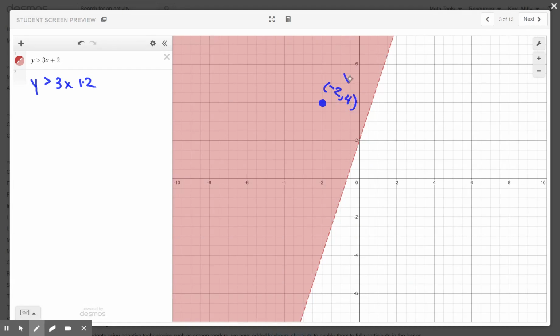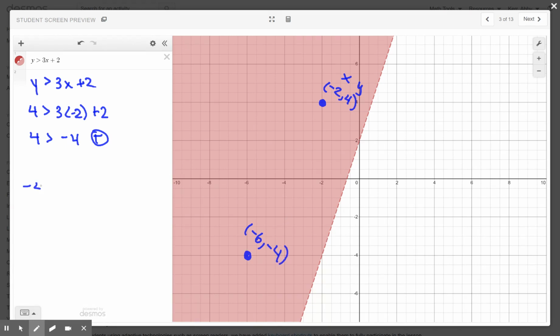If I plug negative 2 into x and 4 into y, I'm going to get a true statement. So 4 is greater than negative 6 plus 2, which would be negative 4. That's a true statement. Every single one of you could pick a different ordered pair in this shaded area, and it's going to get you a true statement.